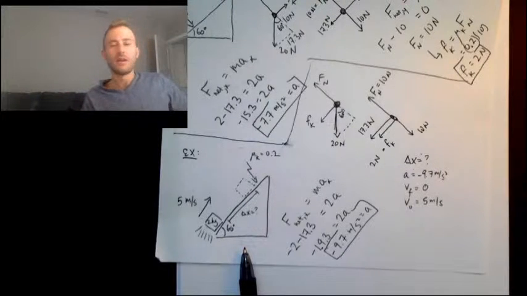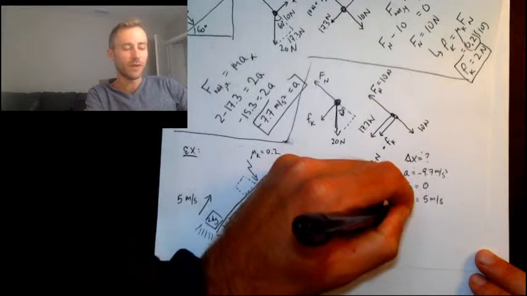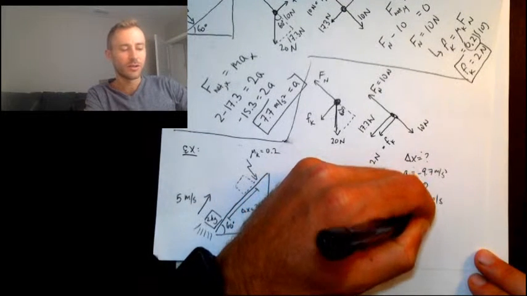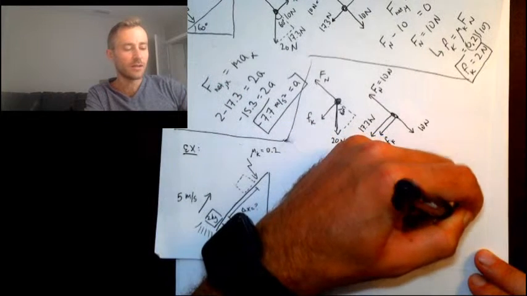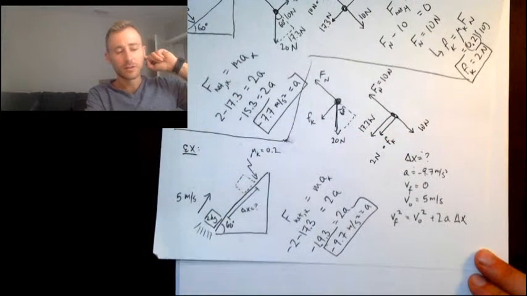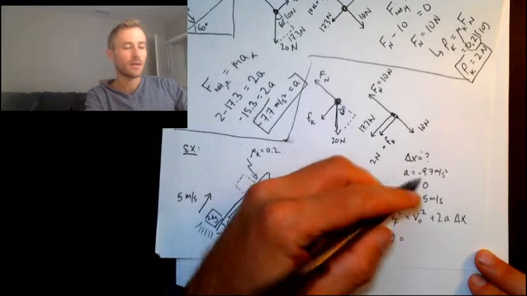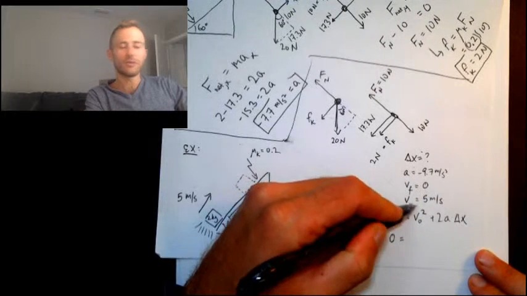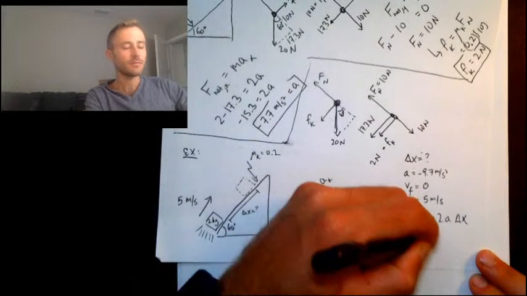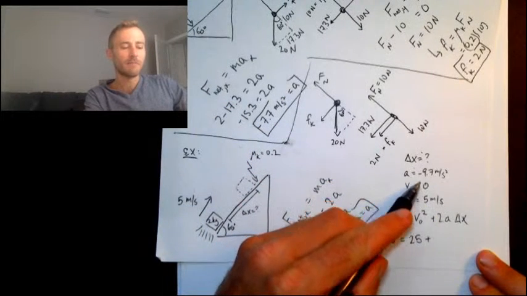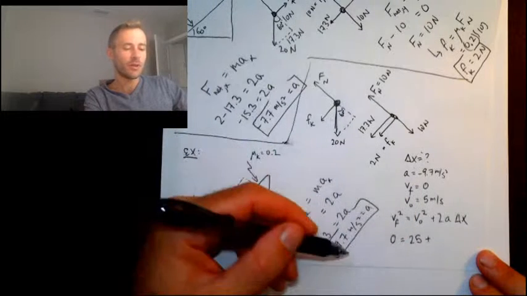Excellent. So it's going to be the third equation, which says V final squared equals V initial squared plus 2a delta x. So V final is 0, so the left-hand side is 0. V initial squared is 5 squared, which is 25. 2a is going to be 19.3.